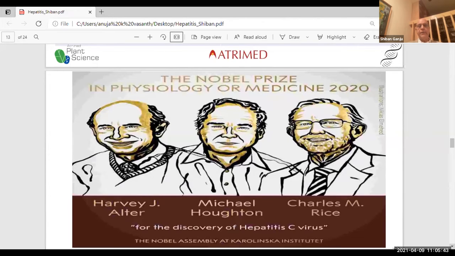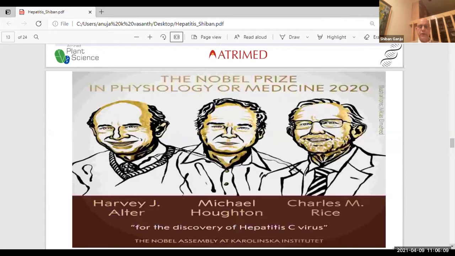Now, it so happened that after hepatitis B was discovered, all blood from the blood banks was checked for hepatitis B before transfusion. And even hepatitis B negative blood given to many people still developed hepatitis. It was called non-A, non-B hepatitis.